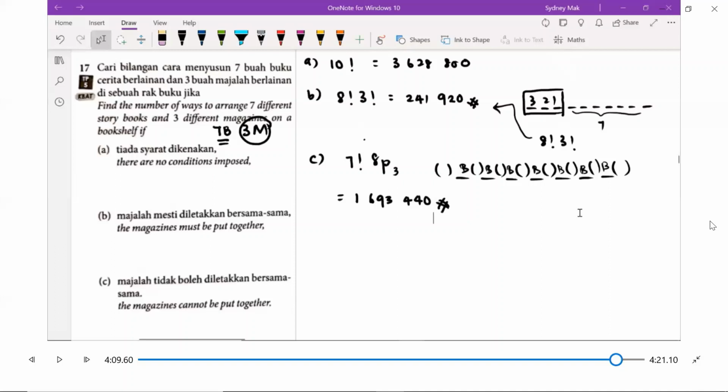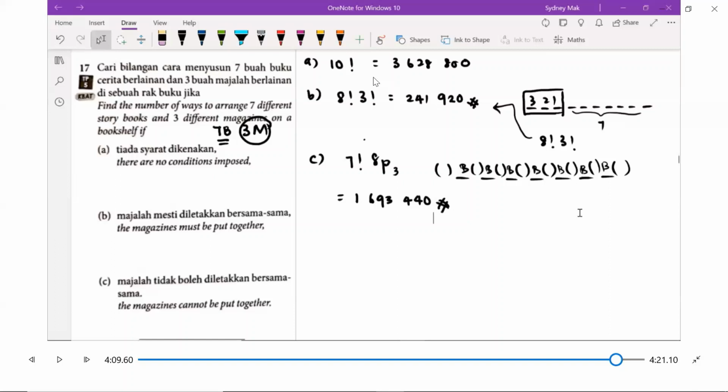Unlike question number 16, to find the number of ways whereby the females cannot sit together, we take the total arrangement when there is no condition imposed minus the number of ways when the 2 females are sitting together. Question number 17, we can't do that because we have 3 items. So when the question says the magazines cannot be put together, it means all 3 magazines must be separated.